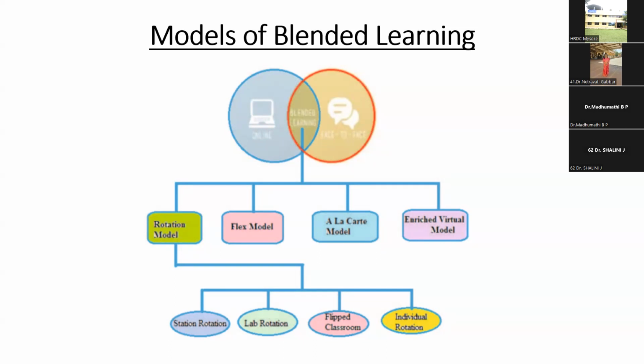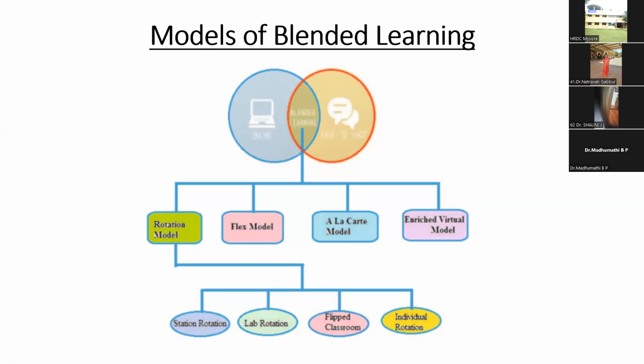They might also select whether they want face-to-face instruction, group discussion, project, or online instruction, etc. So that is called individual rotation. These are the four types of models that we come across in the rotation model.